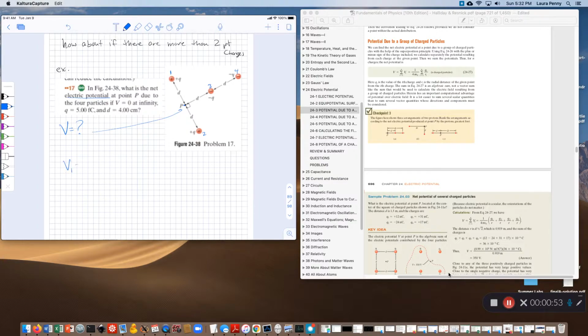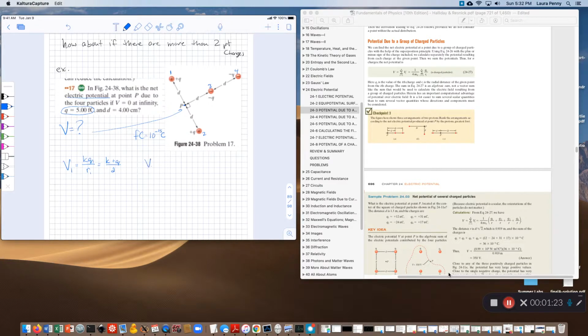So there's a V1, say, which is K Q1 over R1, which in this case, Q1 is a positive Q. And they all have the same amount of Q. By the way, a femtocoulomb is 10 to the negative 15 coulomb. And it's D away from point P.